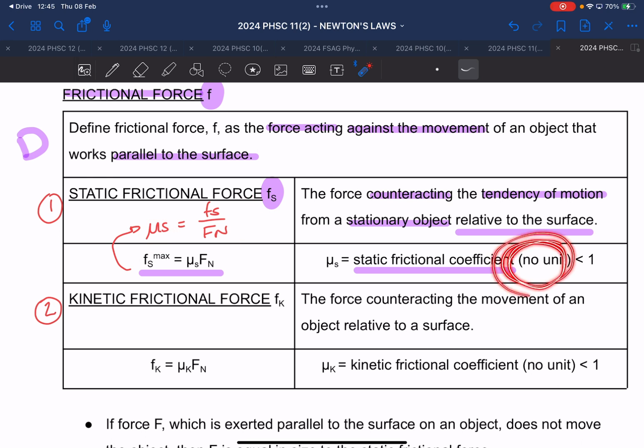It's not measured in kilograms or seconds or anything like that. It's just a value, just a ratio. And this ratio must always be smaller than 1. So you'll get an answer, for example, like 0.75. If you get anything bigger than 1, you know you've done something wrong.